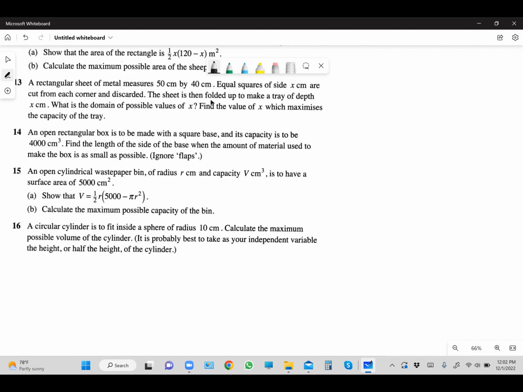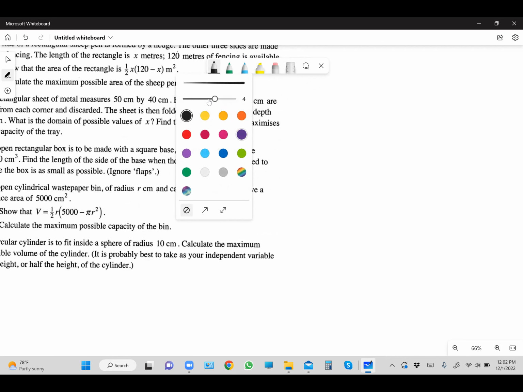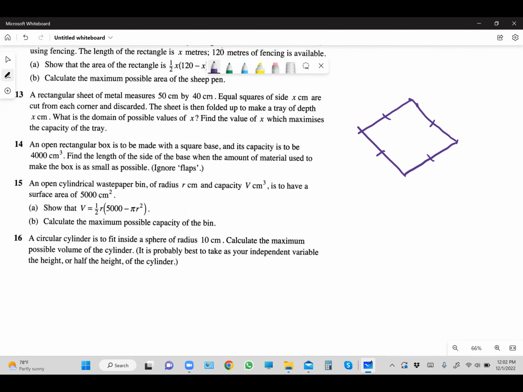An open rectangular box is made with a square base. So let me go ahead and draw the square base here. Let me use purple. So here's a base. I'm going to say it's a square. So that's my square base. Now it's a box, so the box obviously has sides that we create.